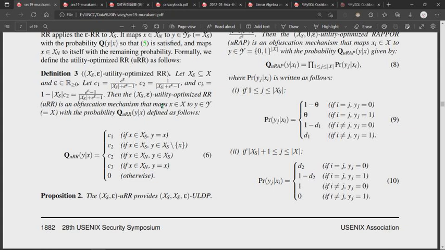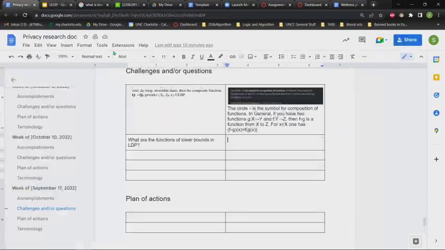Standard, and then what is C1, C2, C3 in optimized R?